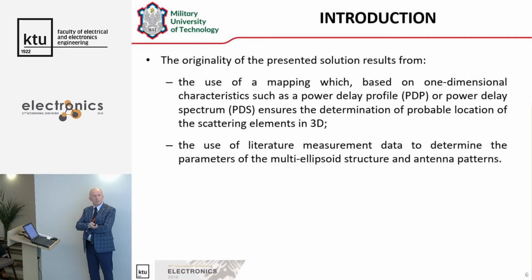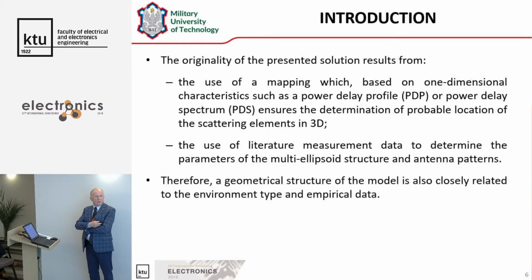These characteristics come from empirical measurements. The power delay spectrum ensures the determination of probable location of the scattering elements in 3D. We use literature measurement data to determine the parameters of the multi-ellipsoid structures and antenna pattern. Therefore, the geometrical structure of the model is also closely related to the environment type and empirical data.